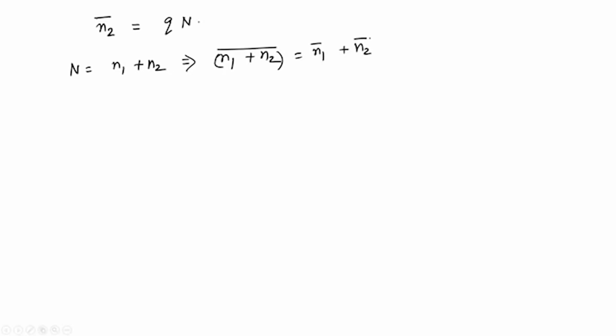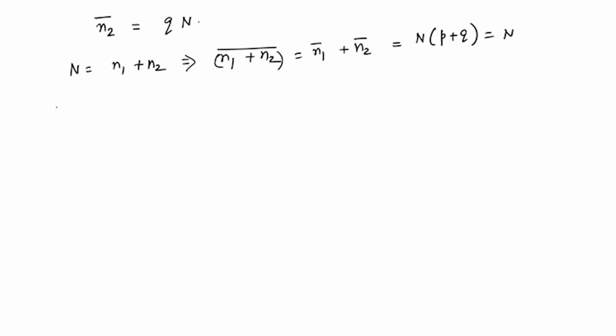So the average of the sum is the sum of the averages, and this is equal to N into p plus q, which is equal to 1. So this is equal to N, as it should be.